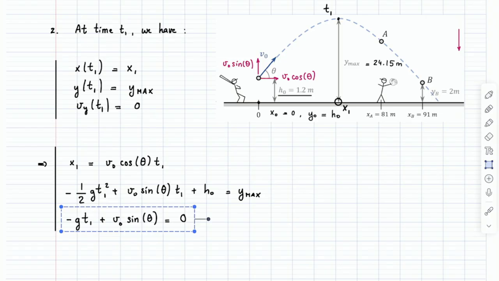I get to choose what I solve. These are all true statements. And if you prefer to go with the quadratic, don't let me talk you out of it, but you usually run out of time on exams, so we're going to go with the fastest option, which is to solve the third equation for t1. Once I have t1, I'm going to plug it in here, and we're going to get x1, right?